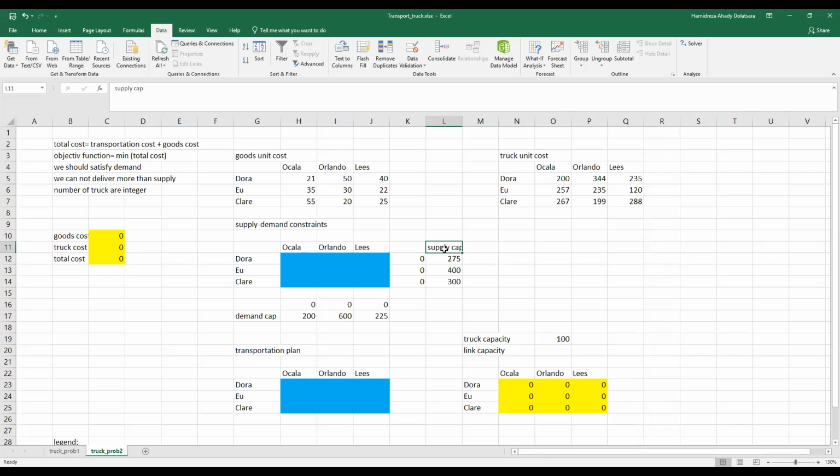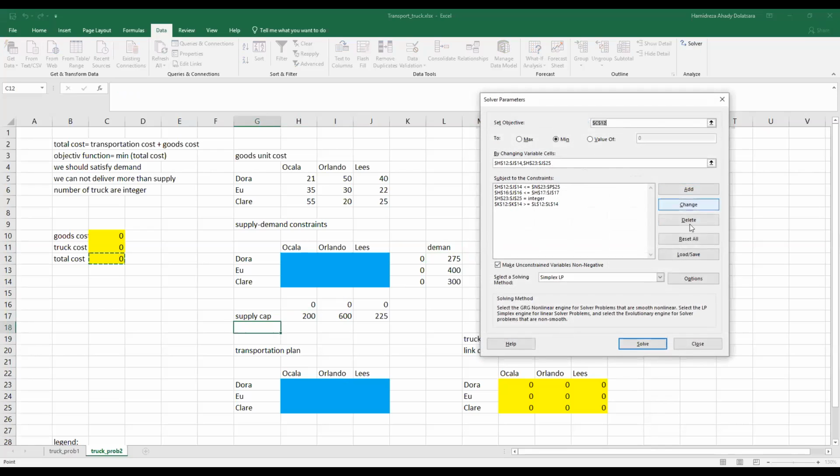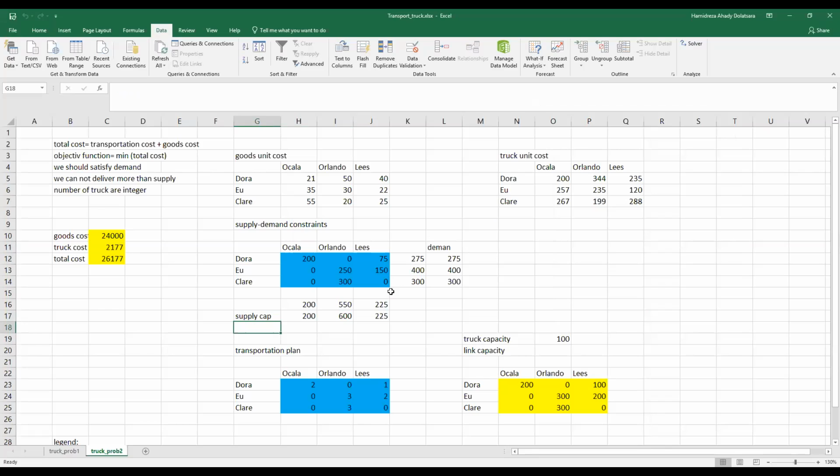Let me just check the typing here: demand, supply cap. Then I go to solver, solve. Look at the cost. The goods cost is the same, but the total cost is more.